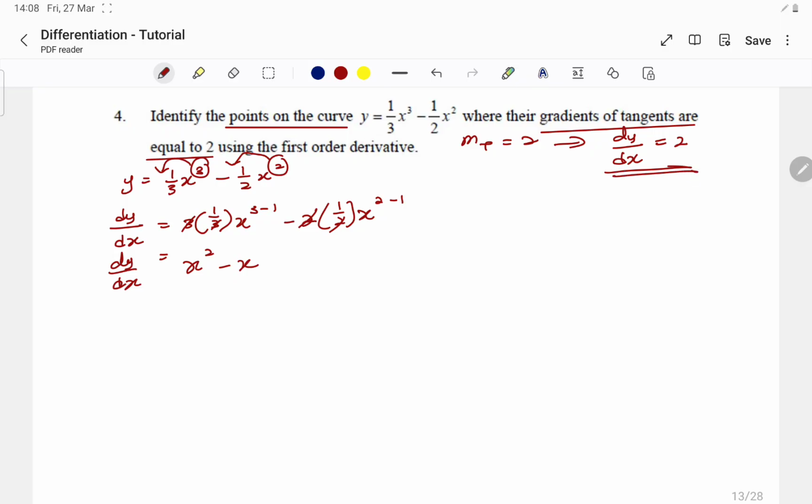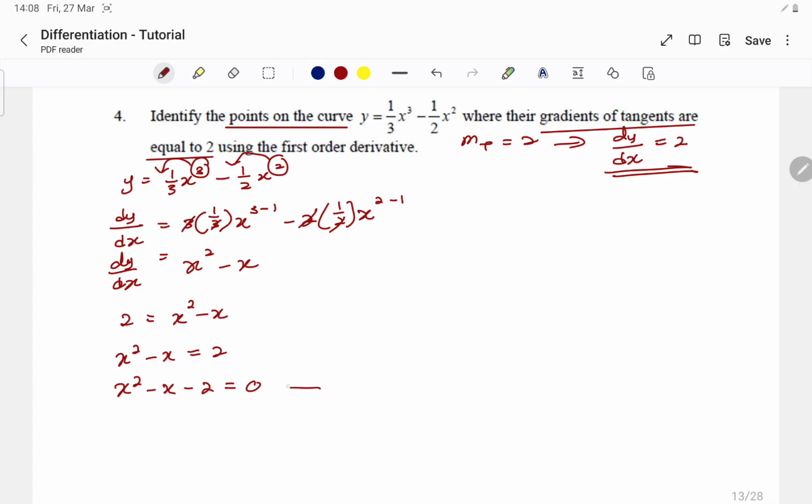But then inside the question, they provide us information where gradient of tangent mt is equal to 2. When mt is equal to 2, that means dy/dx is equal to 2. So here dy/dx is equal to 2, x squared minus x. Now what we have to do is find the value of x from this. To make it neater, you change the position, you bring 2 to the left side. So x squared minus x minus 2 equal to 0.